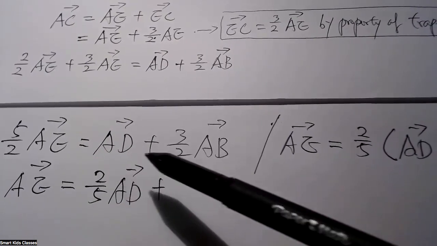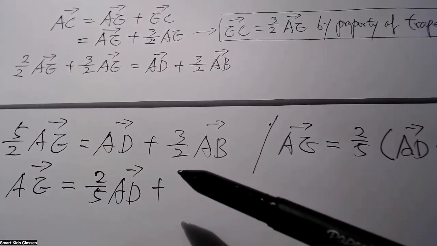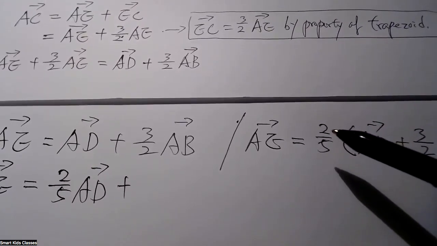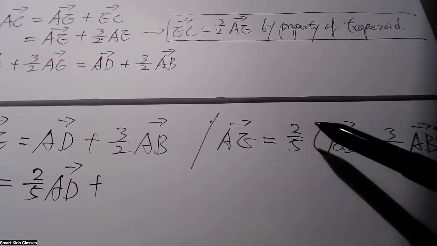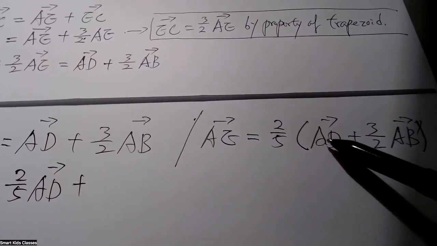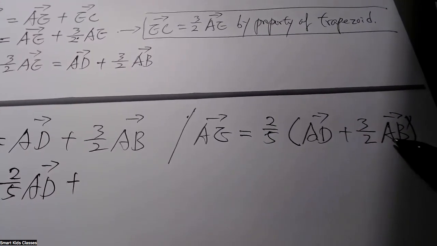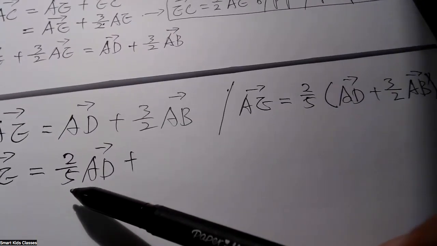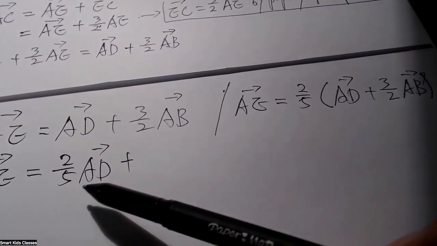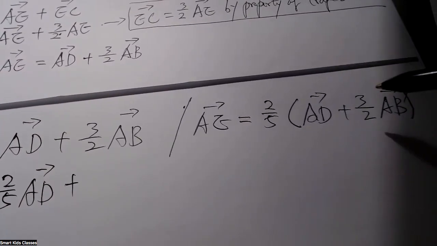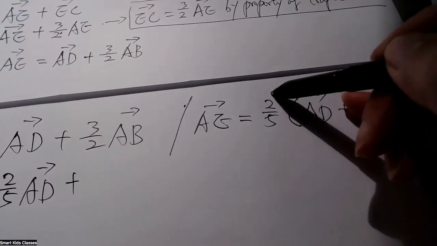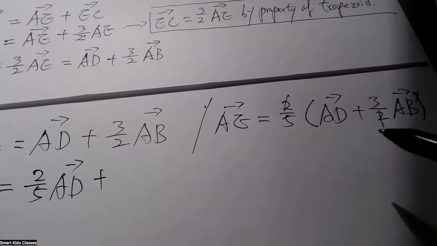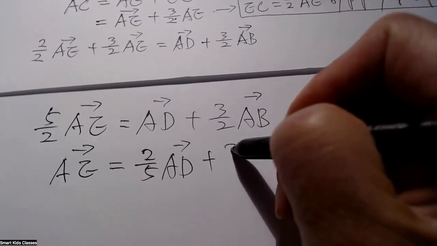The coefficient is divided into each term, so it becomes the reciprocal of the fraction, 2/5, times the bracket AD vector plus 3/2 of AB. Now 2/5 times AD gives 2/5 AD. How about this term? 2 and 2 cancel, and you end up with 3/5 of AB.